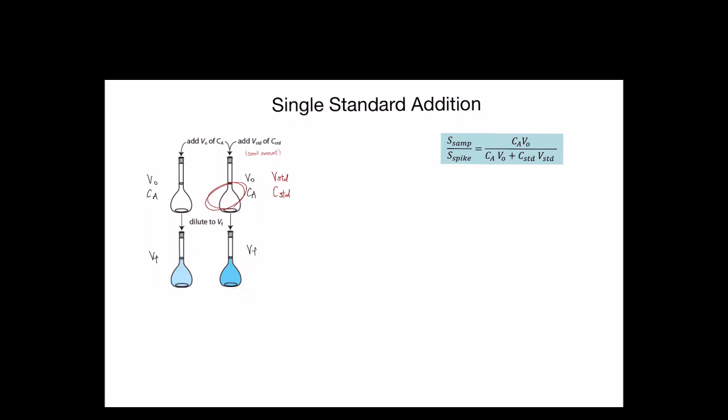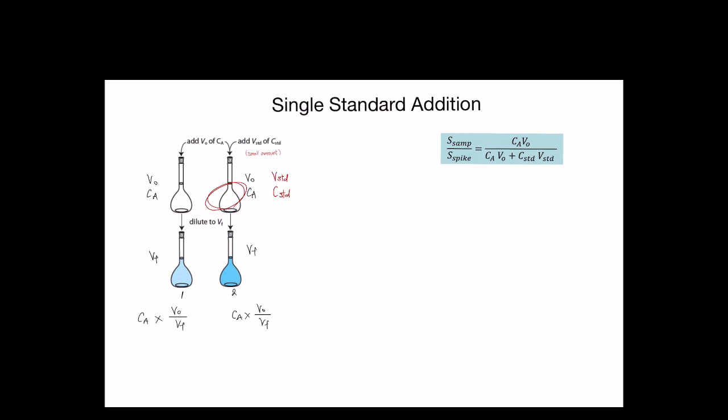So how can we derive this equation? We can calculate the concentration of the analyte in flask 1, and this will be flask 2. So the concentration of the analyte in flask 1 will be Ca times V0 over Vf. And in the second flask, it will be Ca multiplied by V0 divided by Vf.